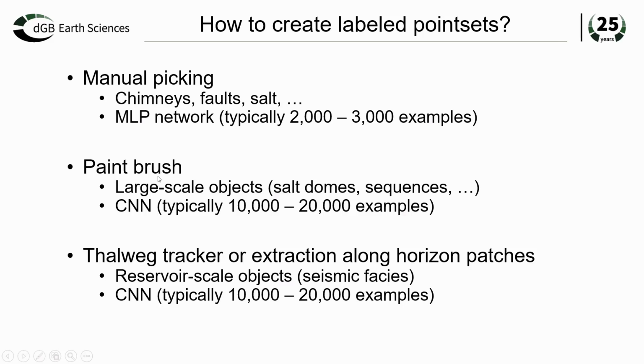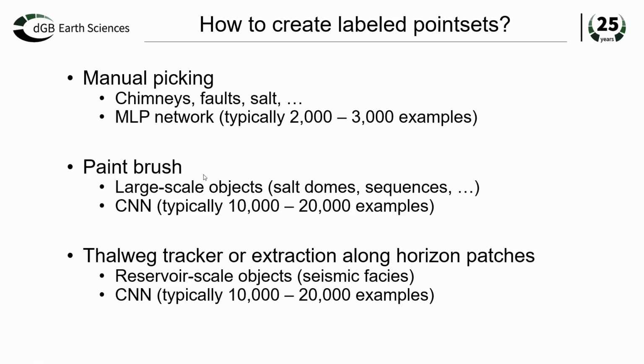Nowadays we offer a paintbrush tool in OpendTect where you could pick out more large-scale objects such as salt domes, for example, or just sequences like parallel sequences. And with this paintbrush you're able to then quickly generate larger point sets.